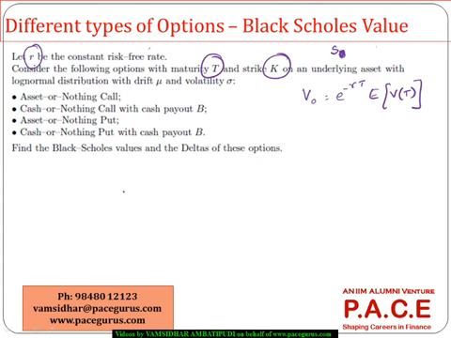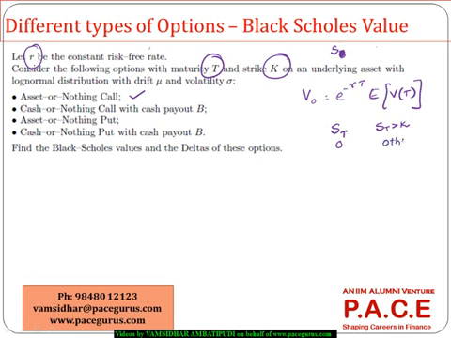With these kinds of scenarios, all I am trying to look at is the evaluation of an asset-or-nothing kind of call. So in case of an asset-or-nothing call, what is the payoff? The payoff is either the asset, whose worth will be ST in case ST is greater than K, or it would be 0 otherwise.